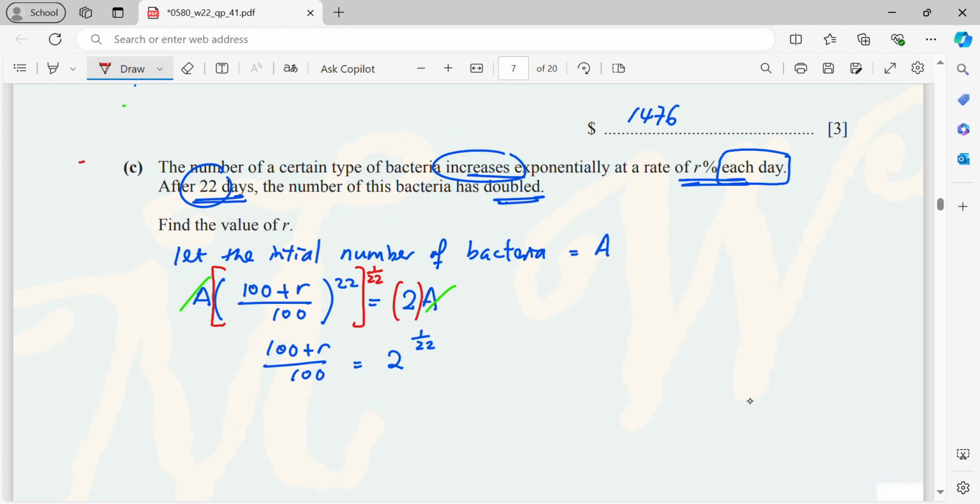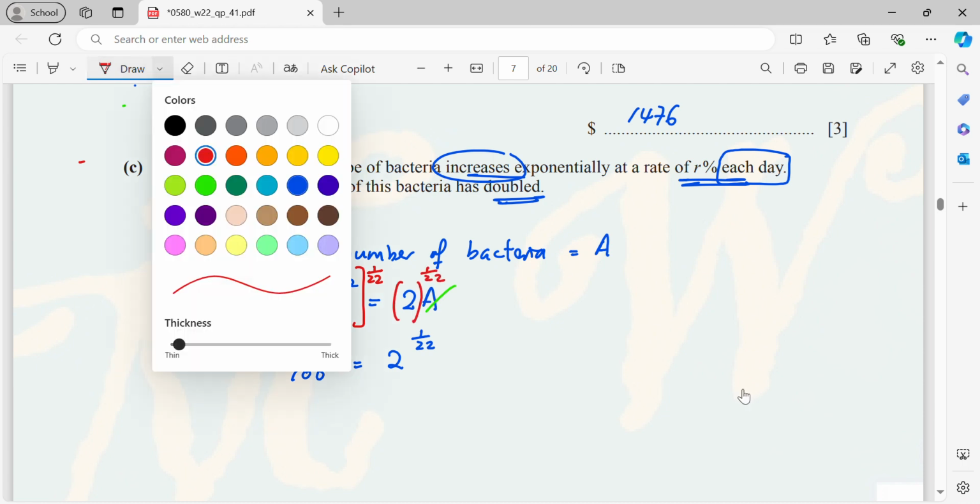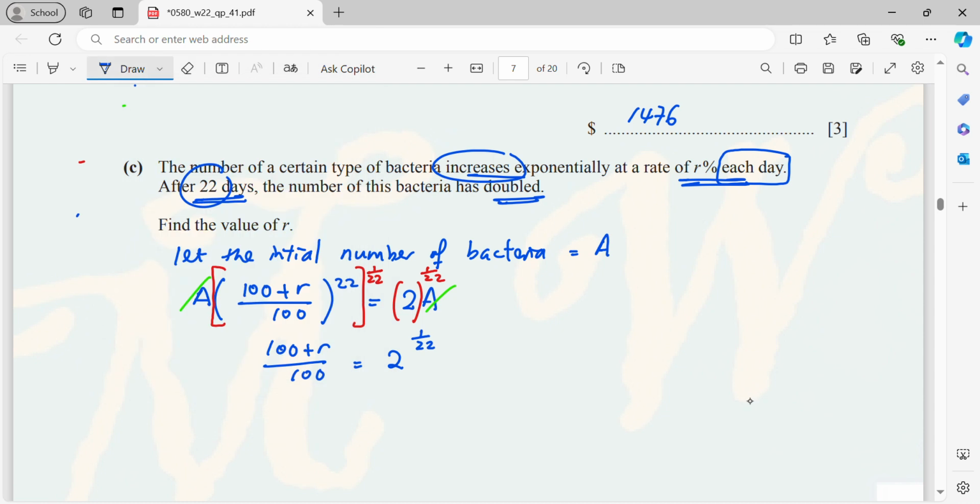Therefore, I will consider power of 1 over 22 both sides. Then now from here, you will be getting your R. Okay, this 100 you move up. So now 100 plus R equals 100 times 2 power 1 over 22. Then my R will be minus 100 from the value.